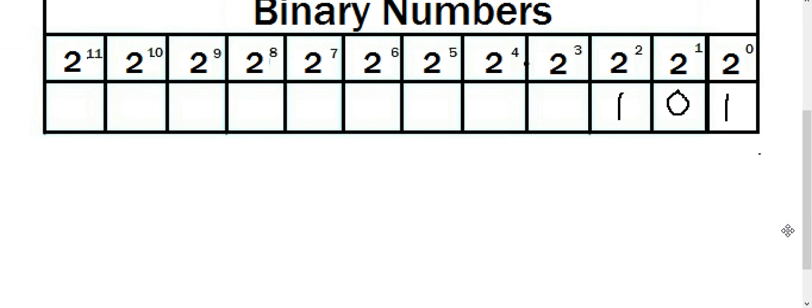Very simple. So let's move on with a bigger example. Let's write a really big number. We're going to write 384.